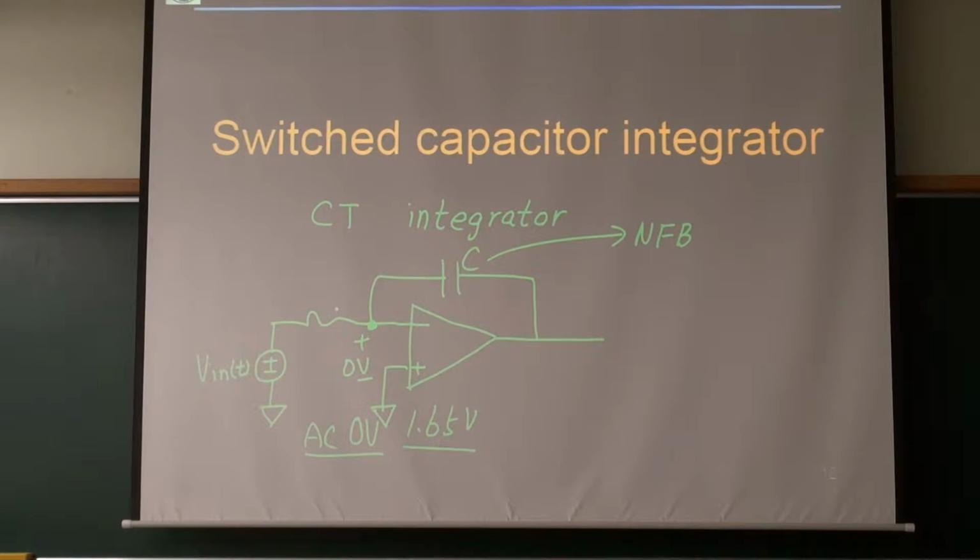So then this current will be, yeah, because this current is 0, all the current will flow through this capacitor. Then there will be some charges developed there, right?